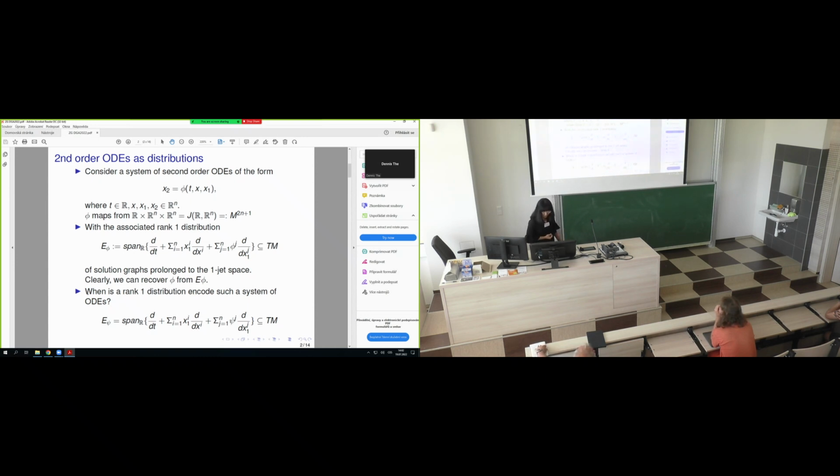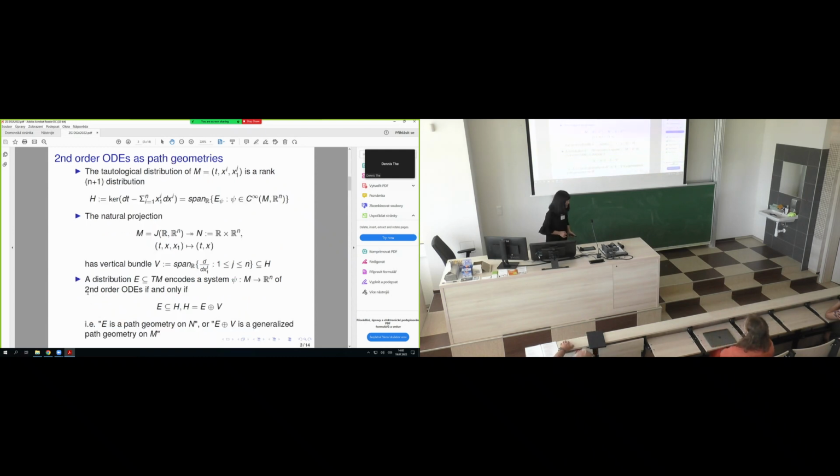And now we first want to characterize when a rank 1 distribution encodes such a system of second-order ODEs.